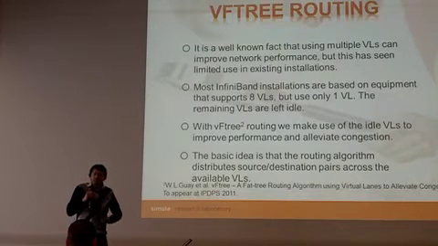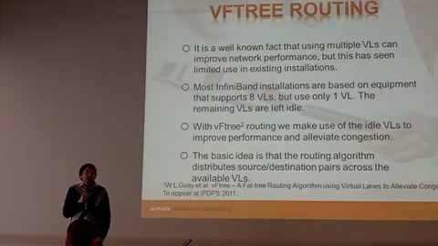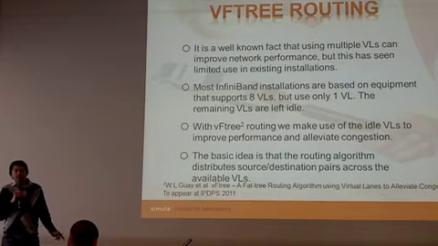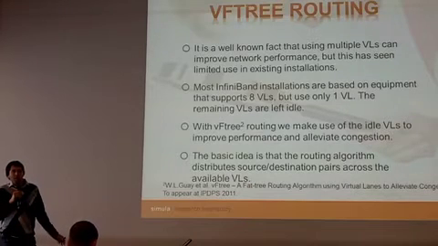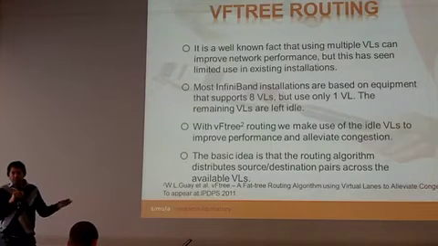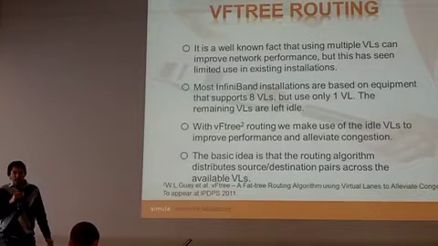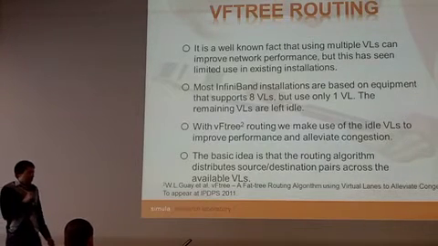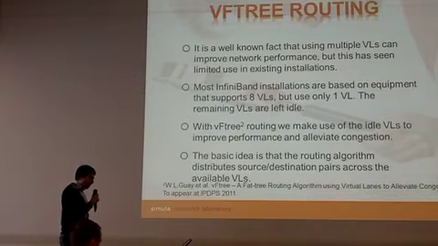vFtree routing is an enhancement of the existing fat-tree routing in OpenSM, where all source-destination pairs are mapped statically in advance to various virtual lanes. This is distributed depending on the number of virtual lanes allocated to the algorithm, trying to distribute traffic as evenly as possible between the available virtual lanes.